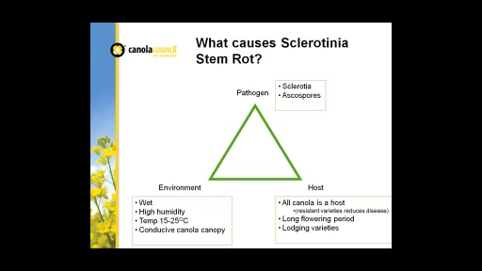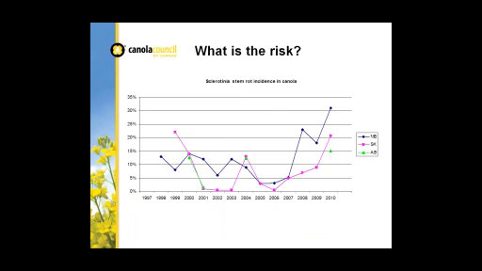That canopy as well can help moderate any of the more extreme air temperatures and keep that canopy wet. So unfortunately, once we are chasing those higher yields, we are creating that kind of microenvironment underneath the canopy that'll encourage the disease development. So that's the risk with the particular environment.